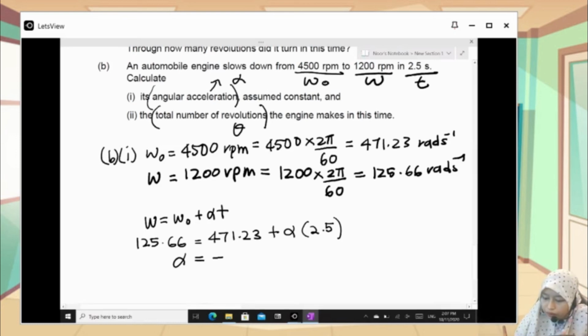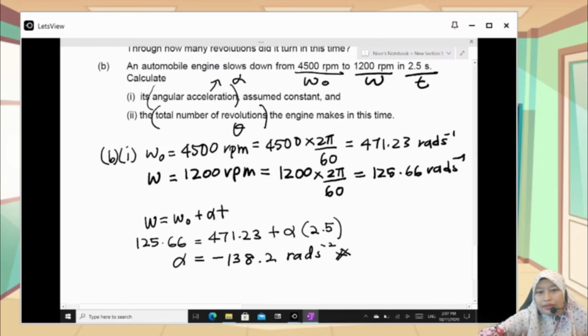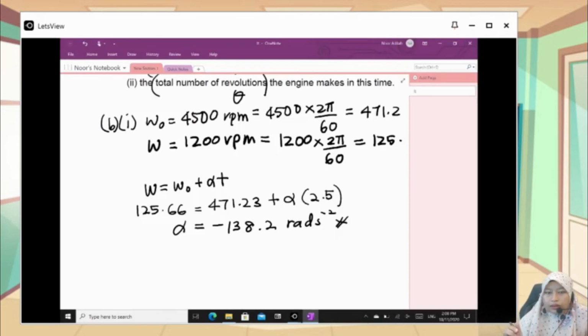We got negative 138.2 radian per second squared. Yeah, so easy, right?